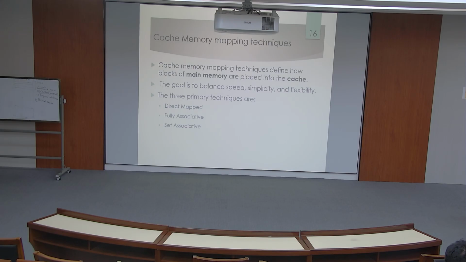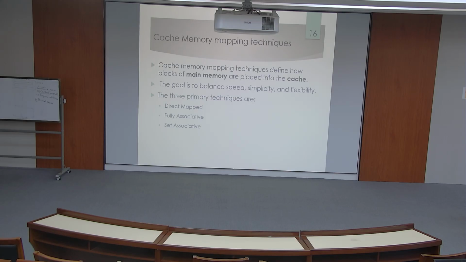Now, how does the system find a cache line for a specific block from the main memory? It has to use different cache memory mappings. A cache memory mapping is a technique that defines how blocks from the main memory are loaded into the cache memory.